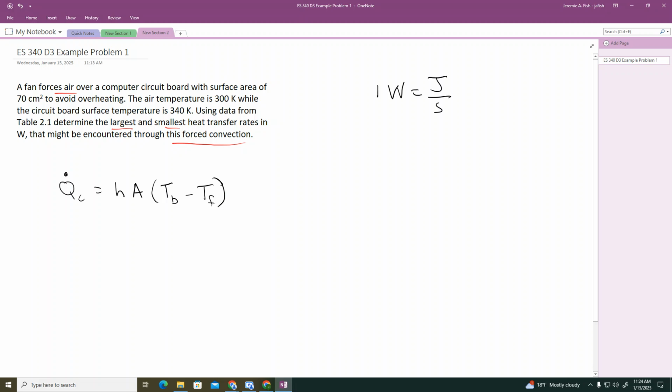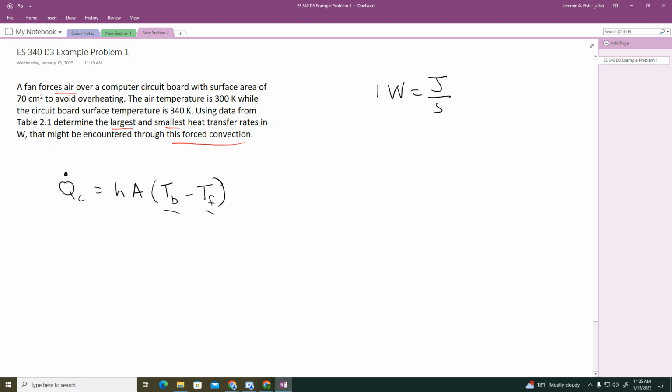Okay, and the only thing that we have to be concerned with now is what is the temperature of the body, which is the board surface in this case, and the temperature of the fluid.